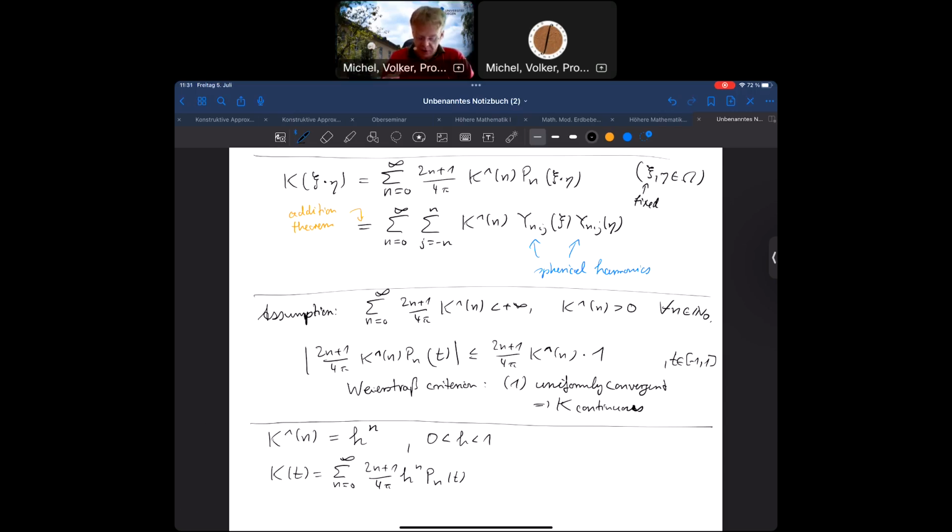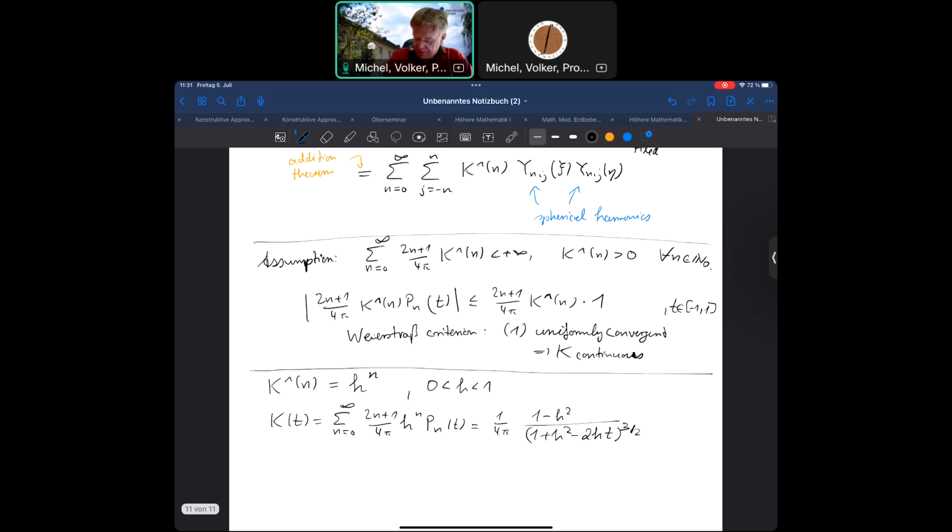You don't have to truncate the series and just calculate an approximation to that. There is a so-called closed formula for that limit, and this is 1 over 4 pi, (1 minus h squared) divided by (1 plus h squared minus 2ht) to the 3 over 2, and this is the so-called Abel-Poisson kernel.